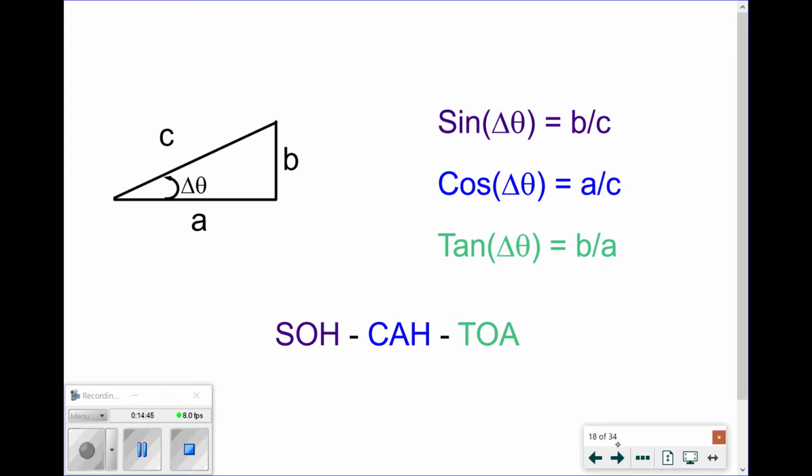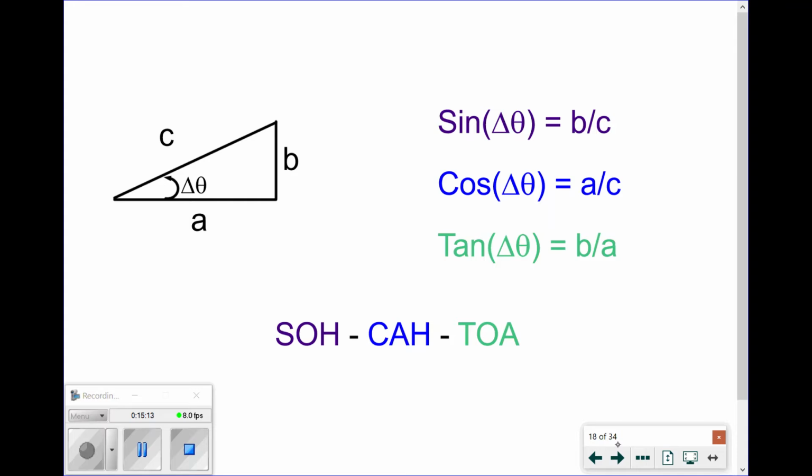We often will actually have the triangle written out as CBA, C being the hypotenuse, A being the adjacent, B being the opposite. That's just the traditional way of writing it out. And so you'll always see that sine theta is B over C, cosine is A over C, and tangent is B over A, which is just still opposite over hypotenuse, adjacent over hypotenuse, and opposite over adjacent.